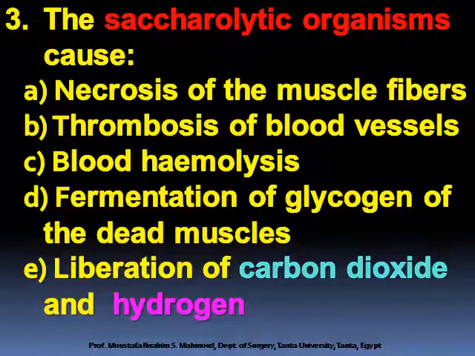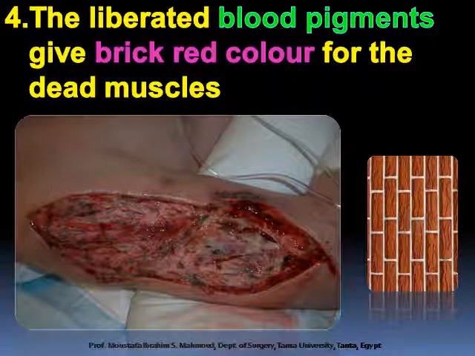The saccharolytic organisms cause necrosis of the muscle fibers, thrombosis of the blood vessels, blood hemolysis, fermentation of glycogen of the dead muscles, and liberation of carbon dioxide and hydrogen. The liberated blood pigments give brick red color of the dead muscles.